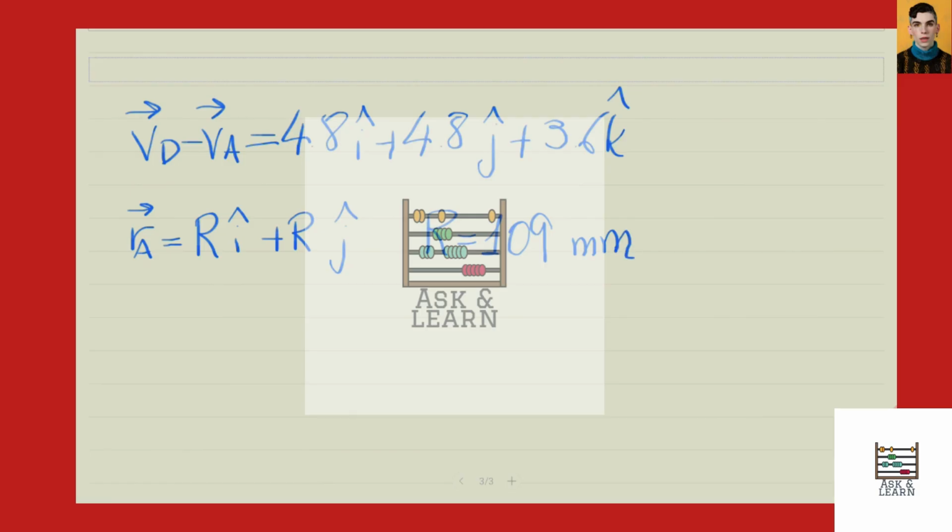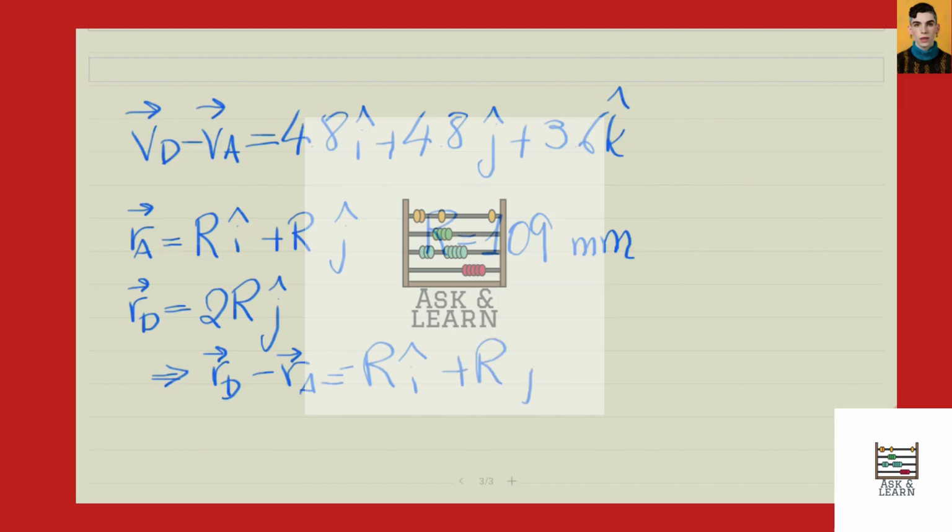And similarly for point D, this is the expression. Therefore the difference is just immediately plus r j hat.